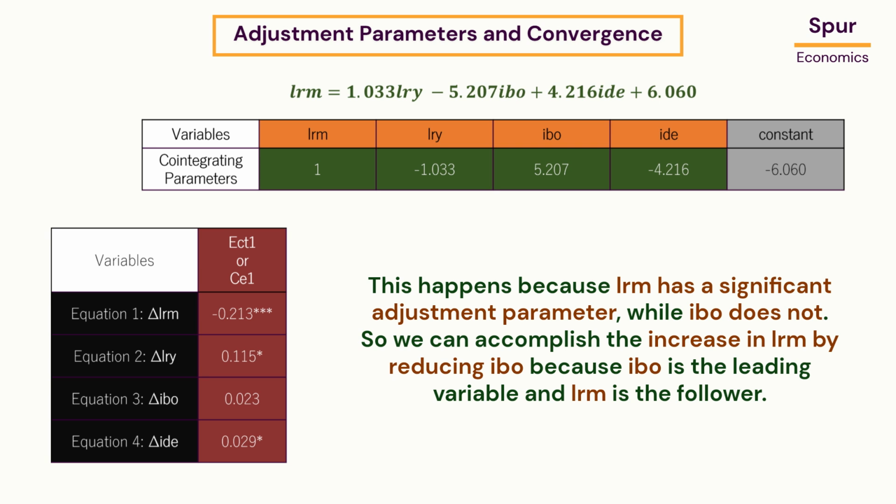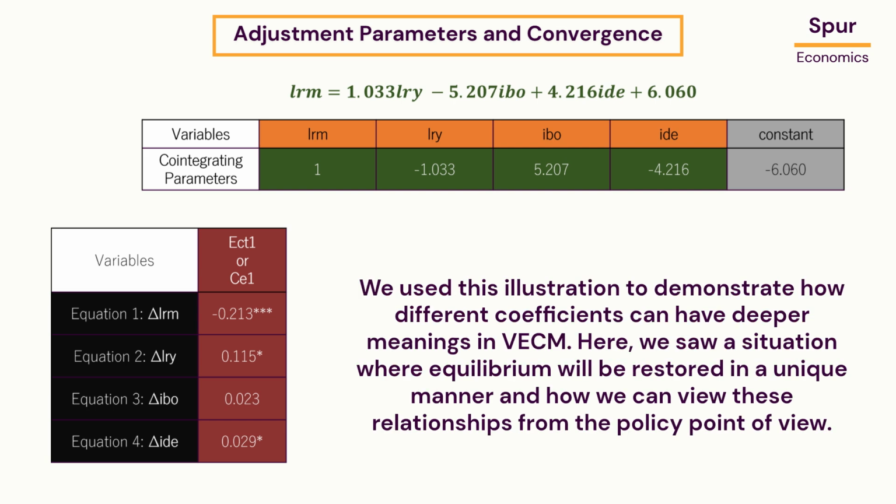So we can accomplish the increase in LRM by reducing IBO because IBO is the leading variable and LRM is the follower. We used this illustration to demonstrate how different coefficients can have deeper meanings in VECM. Here, we saw a situation where equilibrium will be restored in a unique manner and how we can view these relationships from the policy point of view.